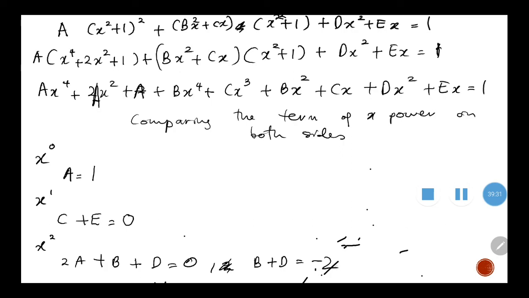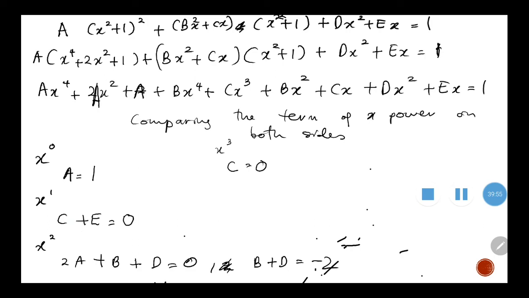So we leave it at that, and we want to find x to the power of 3. We have c only. So this one here, there is no x to the power of 3, so equal to 0. So now we know a is 1, c is 0. Can we do something about this?